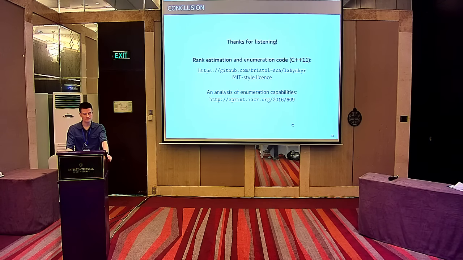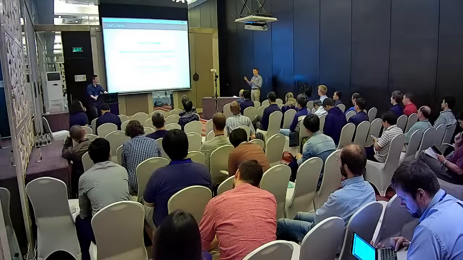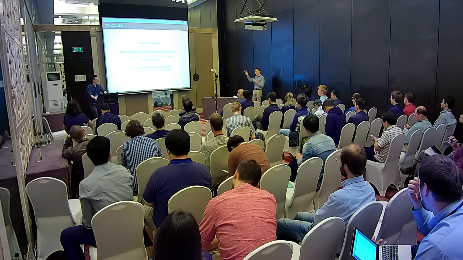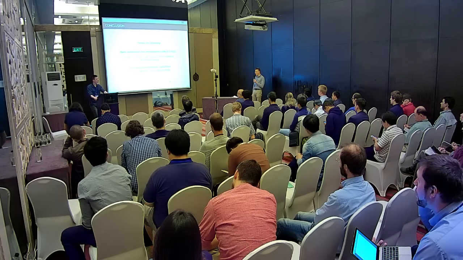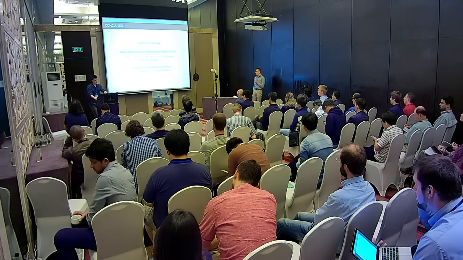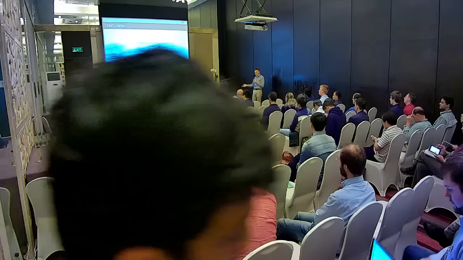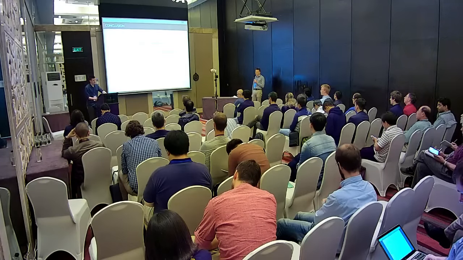Any other questions? So following on the question, I wonder to what extent your analysis and recommendations would apply to other ciphers. Your analysis was done for AES, right? So how do you think it would apply to other types of ciphers, maybe lightweight ciphers?